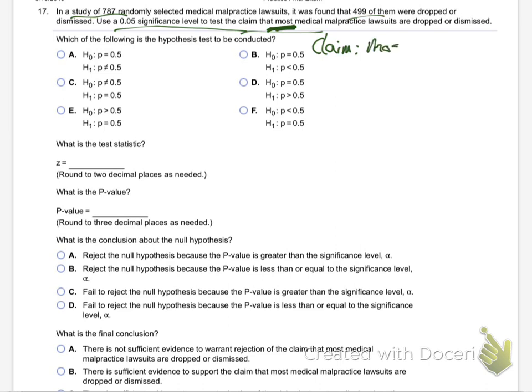So the claim that most of these medical malpractice suits are dropped or dismissed. Most are dropped. That means the percent, these are all P, right? We're talking about the percentage. The percentage is more than 0.5. That's the claim. So this is clearly a hypothesis test on P.